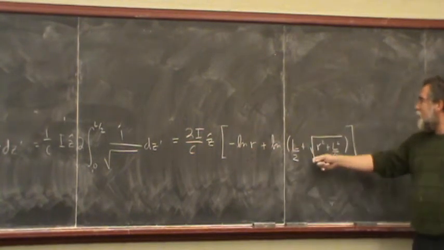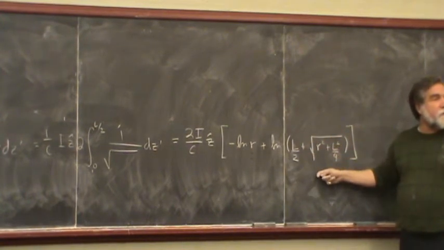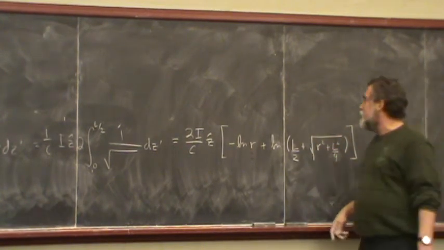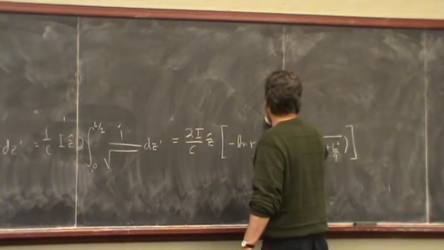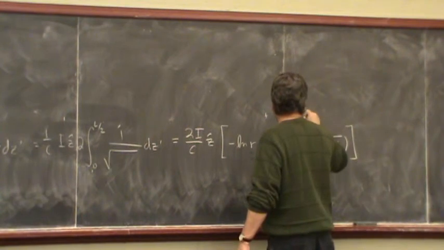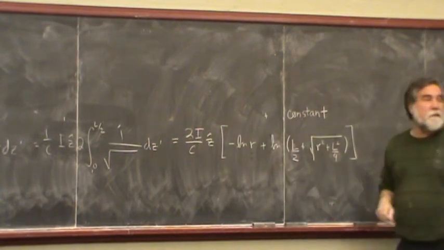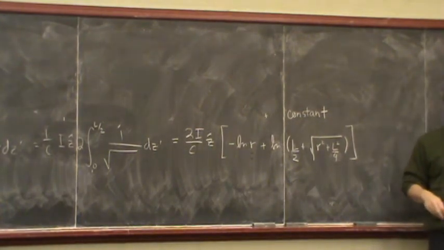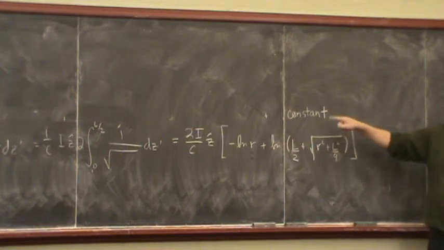When L gets really big, this dominates this part over here, and this becomes a really big constant. It's really big, but it's a constant. Almost. So this is an approximation.